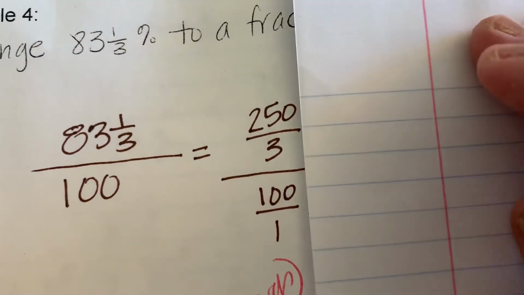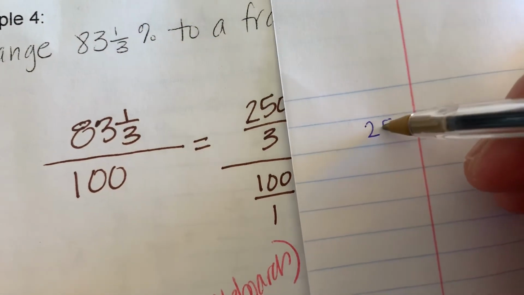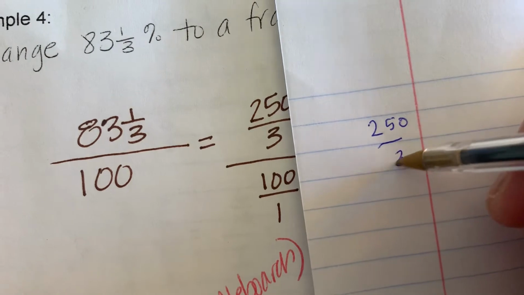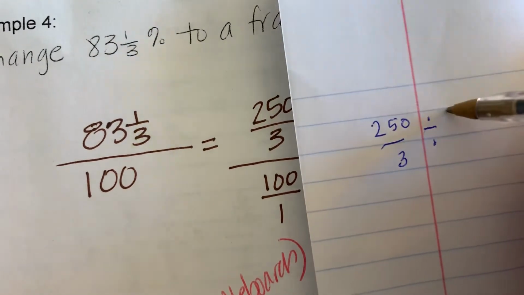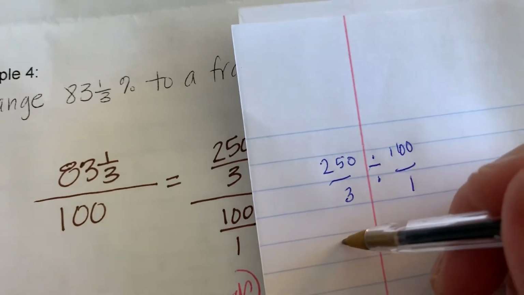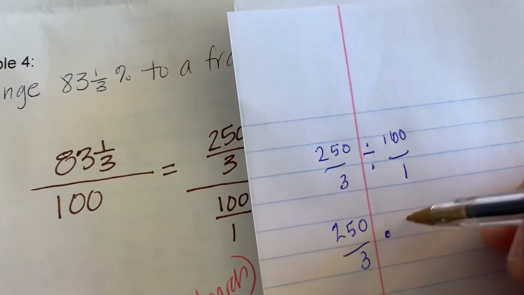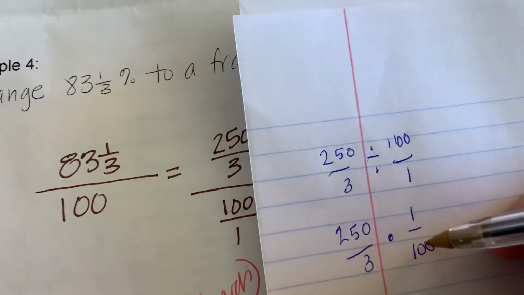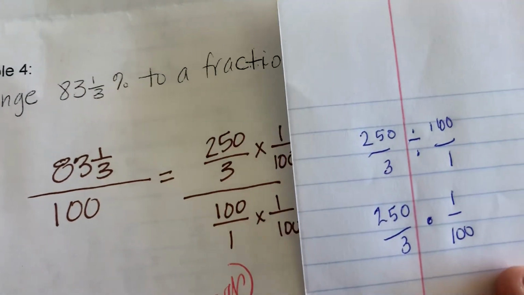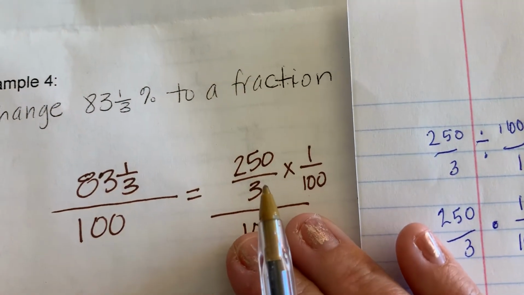It looks like 250 over 3 divided by 100 over 1. And I would keep, change, flip. 250 over 3 times 1/100. Well, that is essentially what we did on the top.